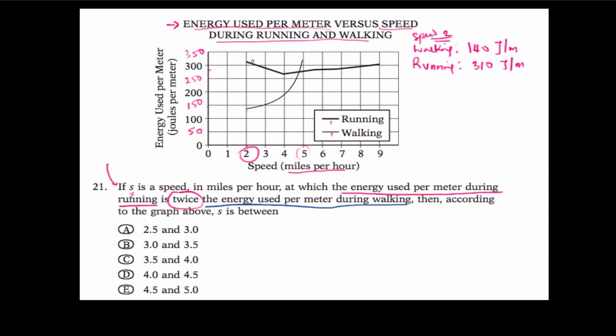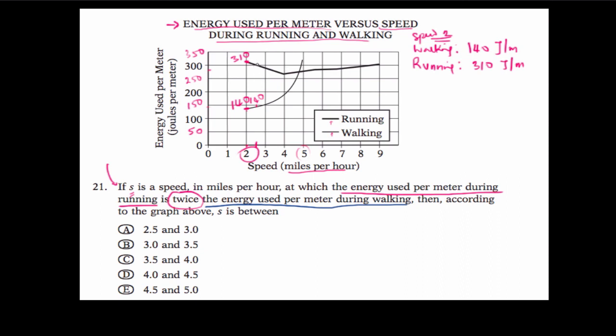Now this is for running here. You can see running is around here, and this is for walking here. Now at this point here, the energy used corresponds to 310, and this corresponds to 140. So let's say at 2.5, which is somewhere around here, it is still close to 100 and let's say 40 or probably 45.